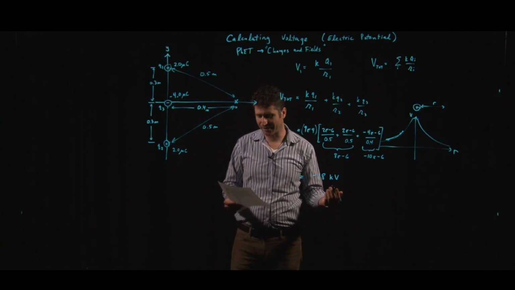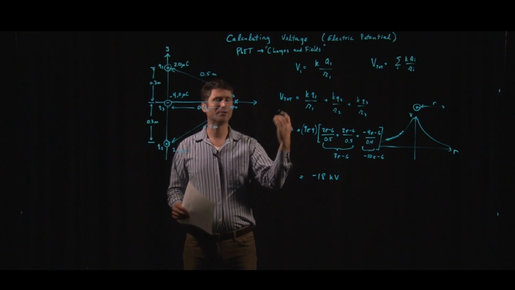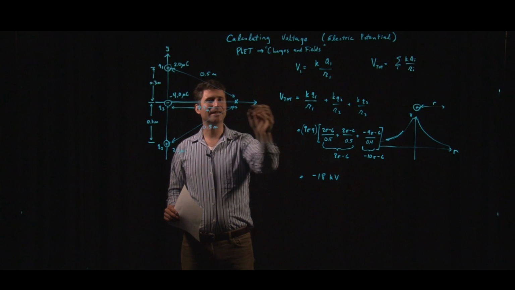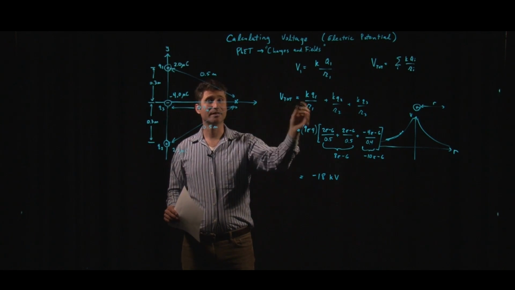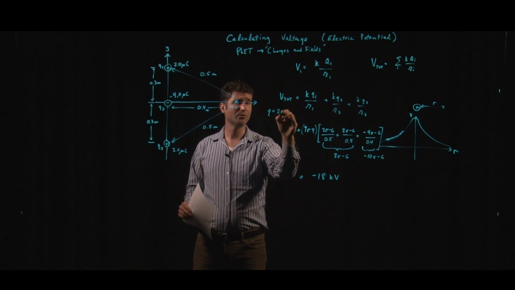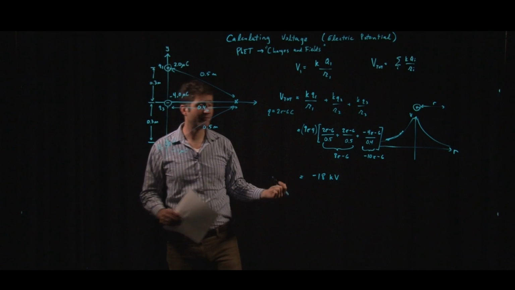So a classic application of this is to say, okay, remember that 2 microcoulomb test charge that we were talking about? What if I brought in a Q, let's say Q is equal to 2 microcoulomb, from far away?